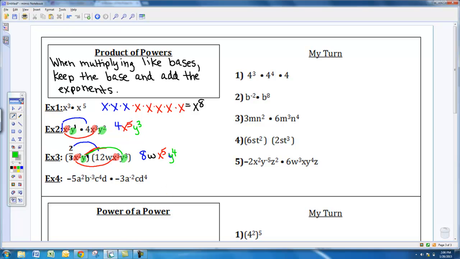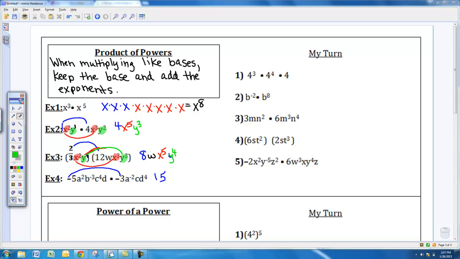All right, example 4. Again, we'll start by multiplying our coefficients. -5 times -3 is positive 15. Now we actually have 4 different bases. We have A, B, C, and D. So we'll have to multiply A squared and A to the -2.